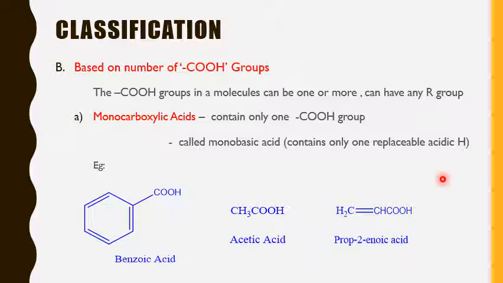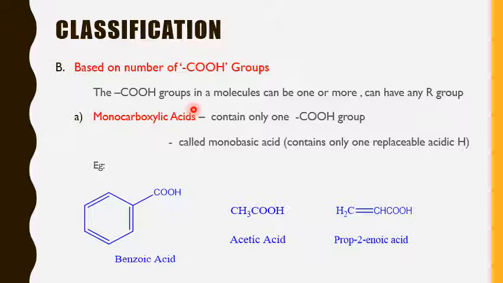Till now we have seen the classification based on the hydrocarbon chain. Now the second type of classification is based on the number of COOH groups. What if the COOH groups are more than one? The functional groups can be n in number. It could be 1 or 2 or any number.